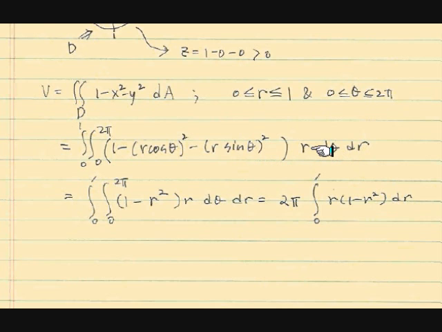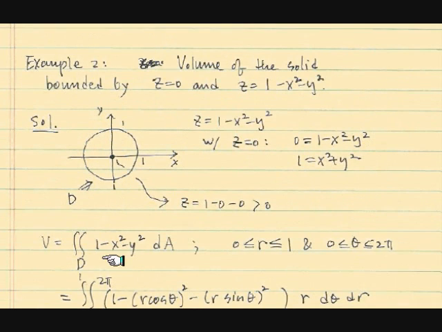Again, it is the proportion of how the area is stretched out when we change the variables from rectangular coordinates to polar coordinates. And as you can see, the integral is a lot more pleasant than the other case, doing this in rectangular coordinates over this D, which would involve the square root of 1 minus x squared, something like that.